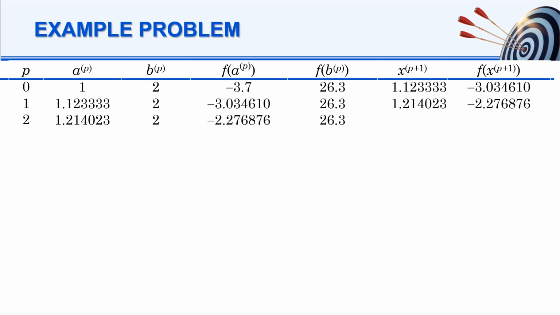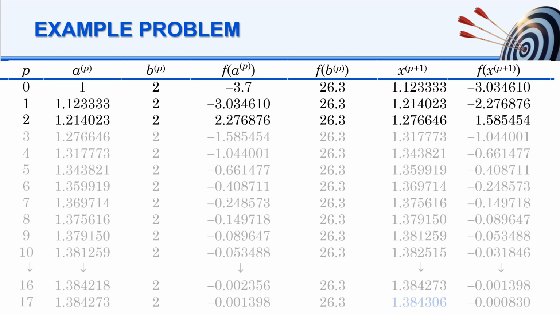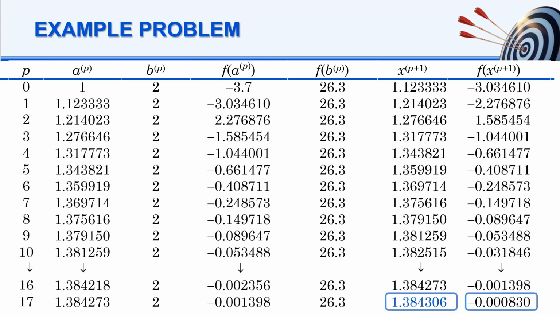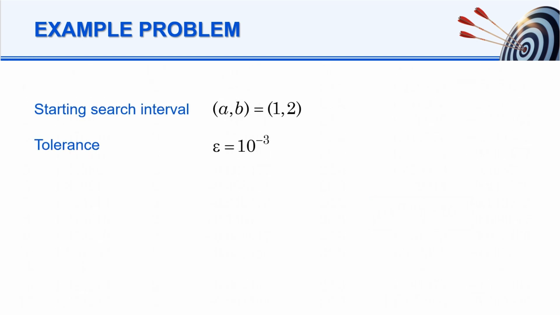When this procedure is continued, the root converges to 1.384306 after 17 iterations, with the convergence criterion based on the function value. The true root, accurate up to 9 decimal places, is computed to be 1.384353987.